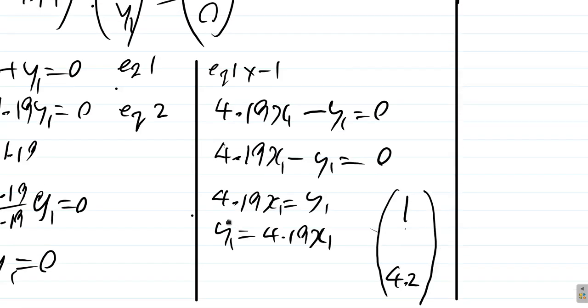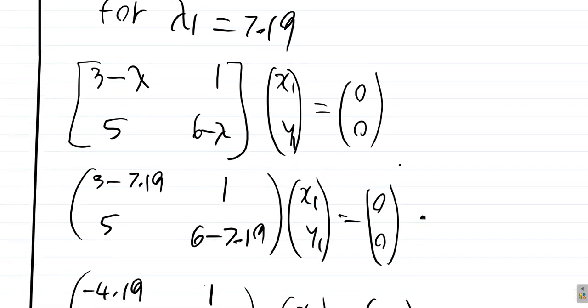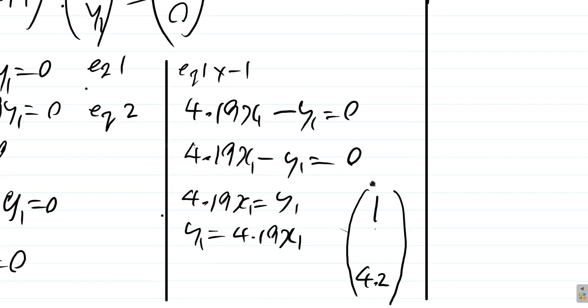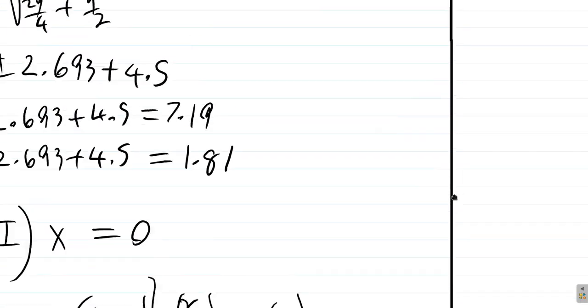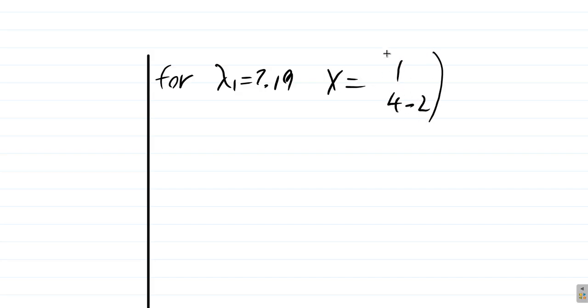So when you have 7.19, it is 1, 4.2. So for lambda 1 equals 7.19, (x1, y1) equals (1, 4.2). Alright.